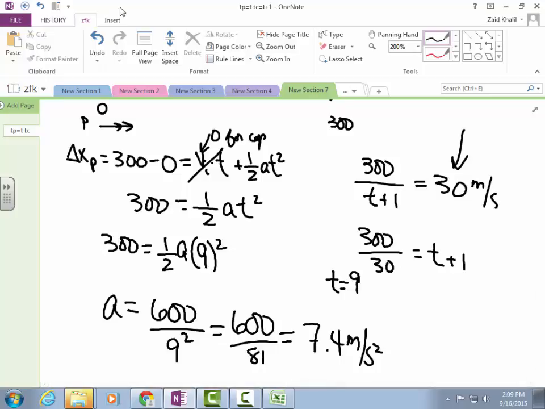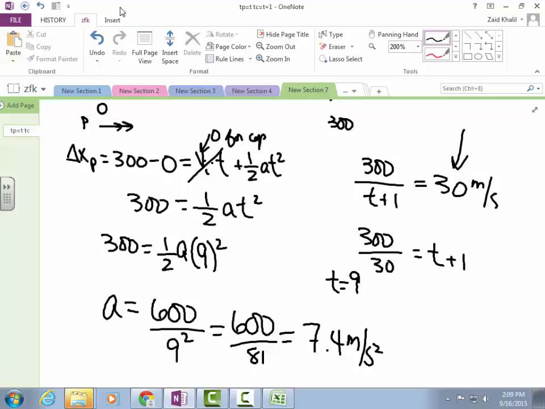So you follow that. So if you notice, in time t, how far did he travel? In time t, what was his displacement? Take a look. What is t equal to? 9 seconds, right? So, in 9 seconds, he's traveling how fast? 30 meters per second. How far did he travel?